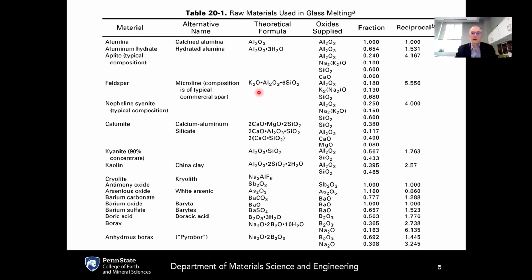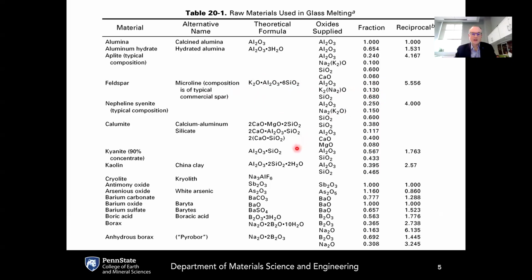You can also have compounds that will contribute different oxides. For example, feldspar here has potassium oxide, alumina, and 6 silica in that ratio. And so when we consider the batch reactions there for feldspar, every gram of this produces so much of alumina versus potassium oxide versus silica.